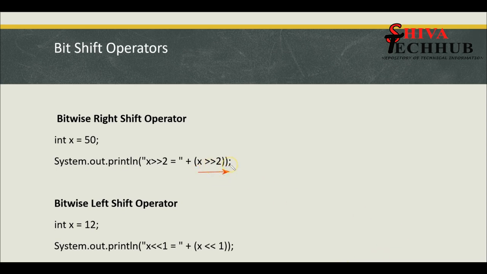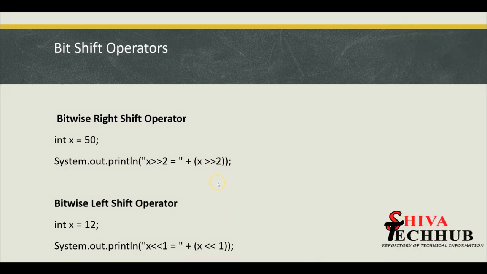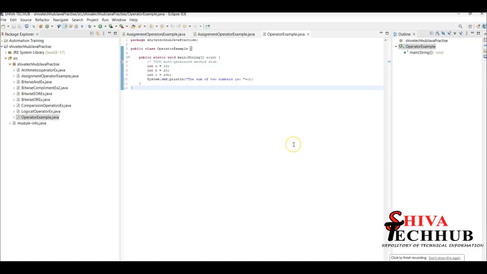This arrow is pointed to the right, so that is why we call it the bitwise right shift operator. This arrow mark is pointed to the left, so that is why we call it the bitwise left shift operator. Let us also try to understand the left shift and right shift operators along with a programming example.